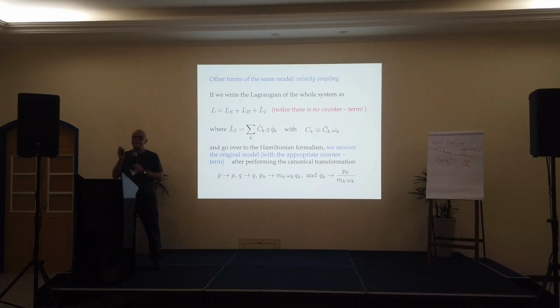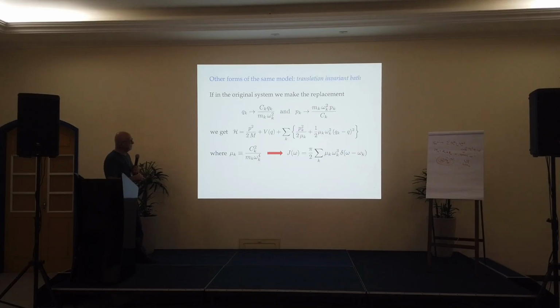It's a system coupled through bilinear coupling, coordinate, and with the counter term. Notice, in this place here, there is no counter term. Right? It's completely translation invariant in this case. And this translation invariance will become clear in the next slide.